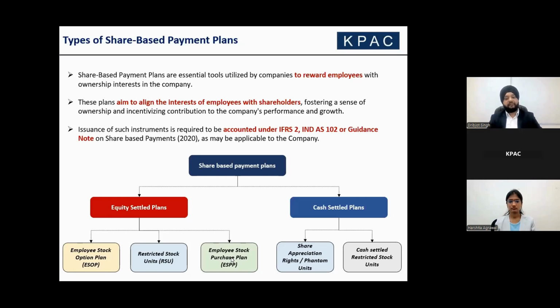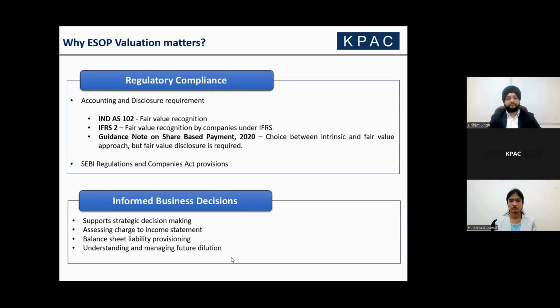Cash-settled RSUs are similar to equity-settled RSUs, except instead of receiving shares, employees receive cash equivalent to the share price at the time of vesting. Each of these plans comes with its own accounting and valuation challenges. In this session, however, we'll be majorly exploring the accounting and valuation aspects with respect to ESOPs.